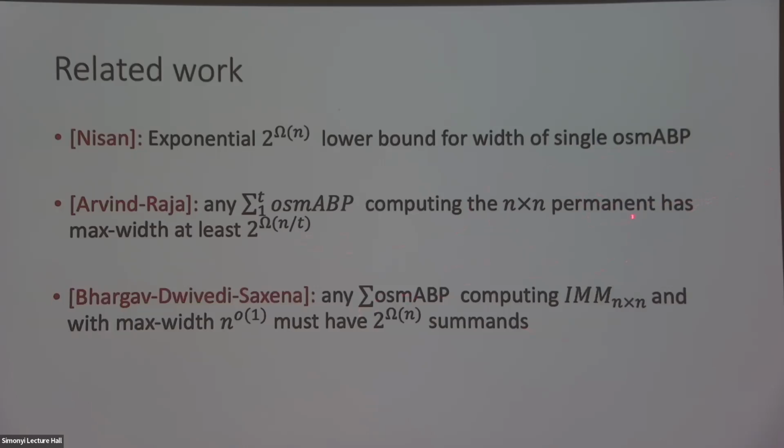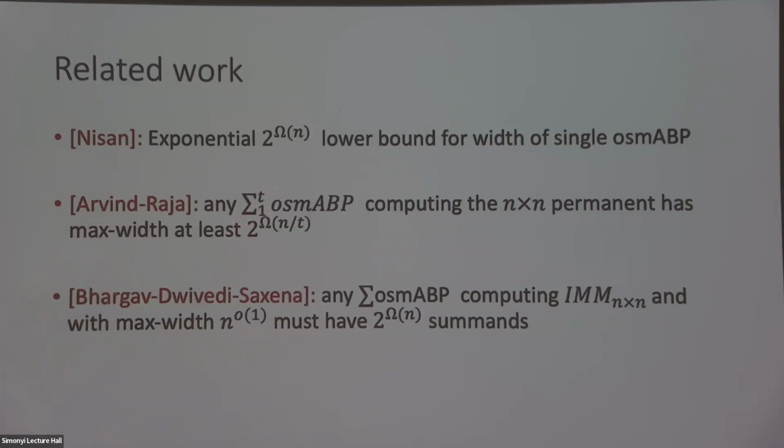Now for this one hard polynomial, we want to prove lower bounds. Conceivably to compute the permanent, you will need n factorial summands. Yeah, I understand. But this paper is able to show as a lower bound that if you want to compute it with t summands, the size needs to be large. Oh, I understand.